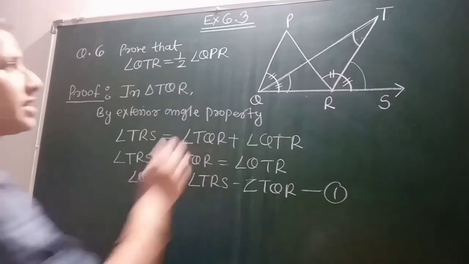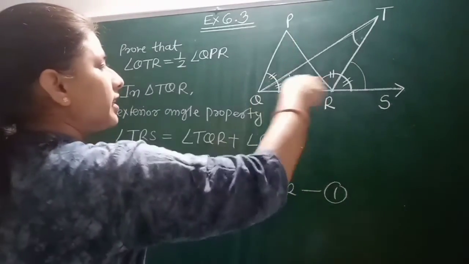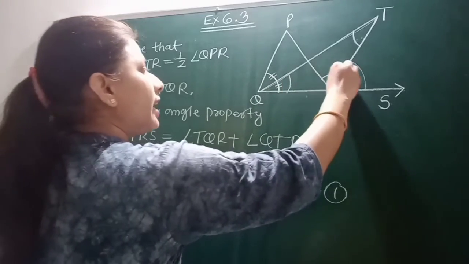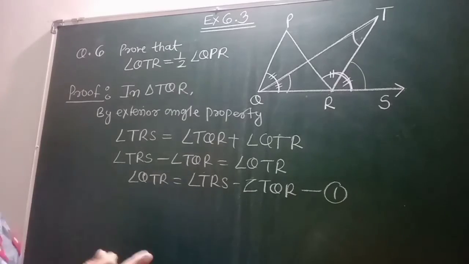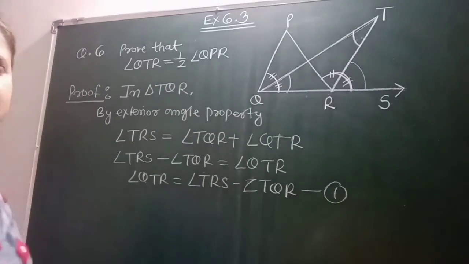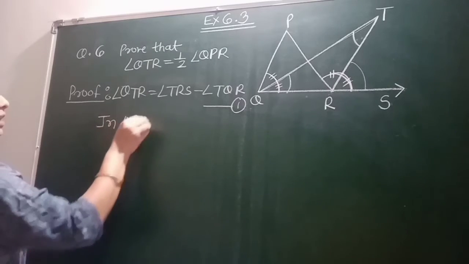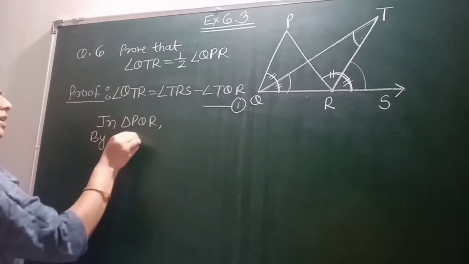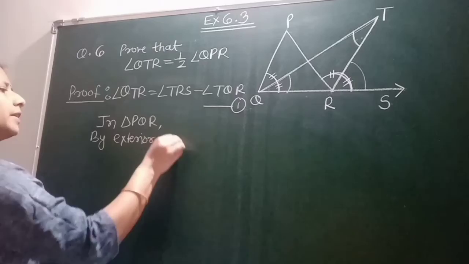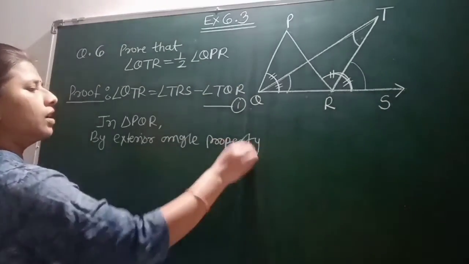Now again you can see PQR is a triangle, and for this triangle PQR, angle PRS is an exterior angle. So again for this triangle we will apply the same property. So in triangle PQR, again we will apply the exterior angle property. What will we get?